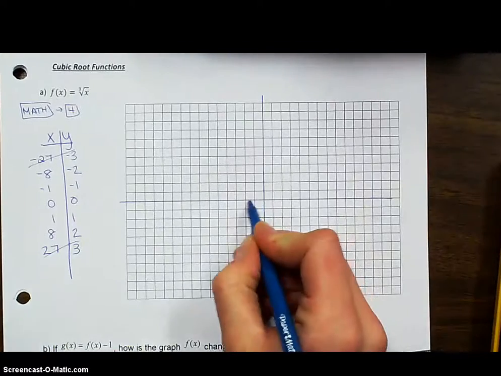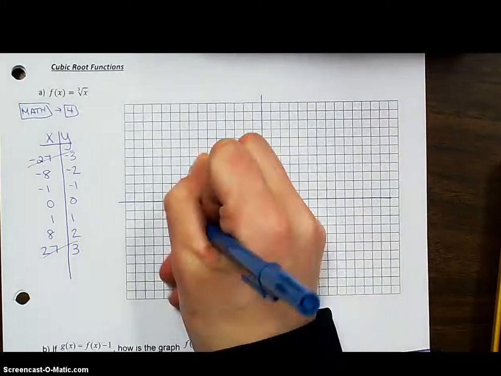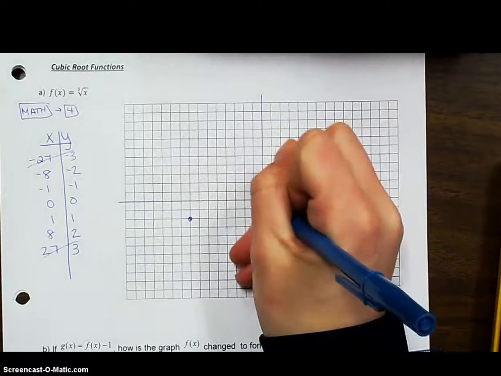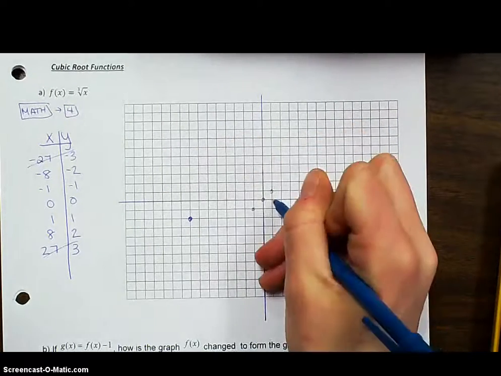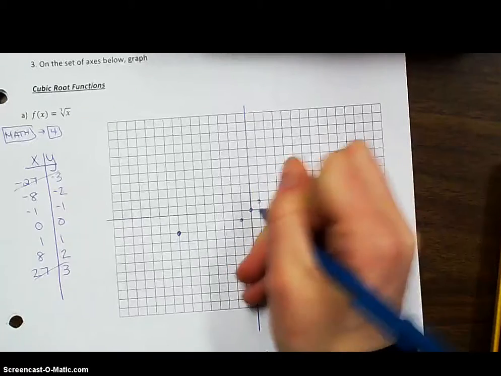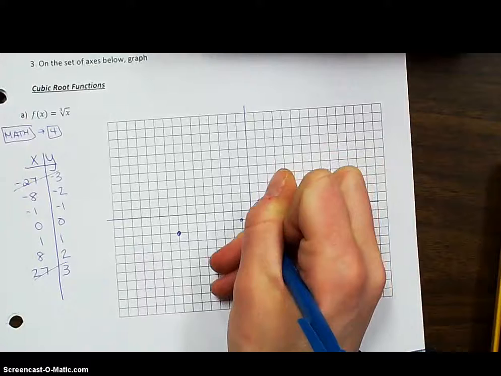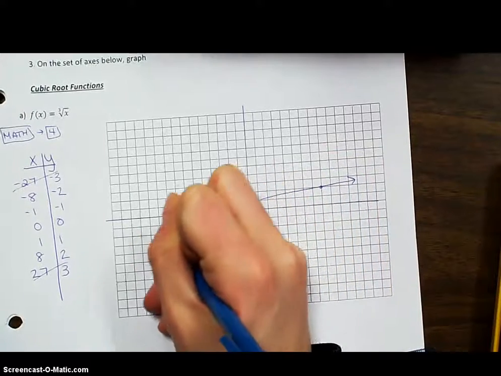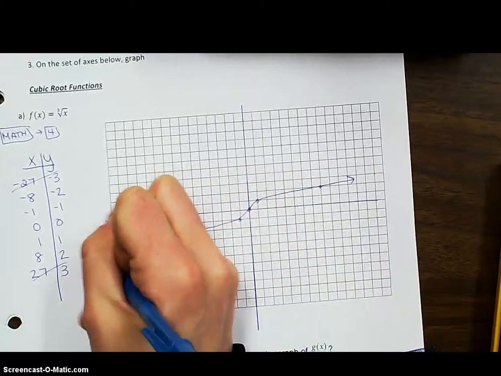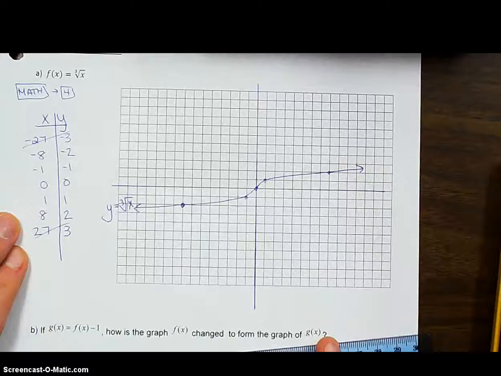Negative 8, negative 2, negative 1, negative 1, 0, 0, 1, 1, and 8, up to 2. And now I'm just going to connect the dots, continue on with arrows, and then at one of the edges I'm going to put its label.